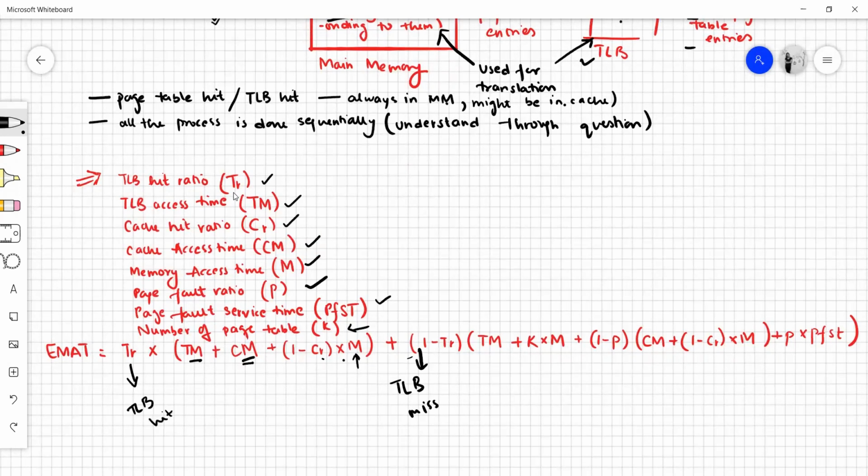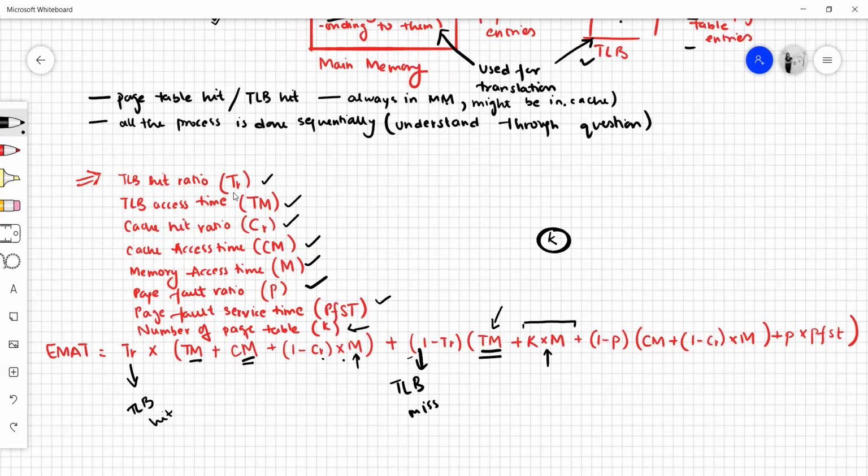This was the TLB hit case. To know that there is a TLB hit or TLB miss, in that case also we need to access the TLB, right? So TM will still be there. But here we didn't get it in the TLB, so we now move to the page tables. When accessing the page tables, if there are k page tables, we do k page table accesses.